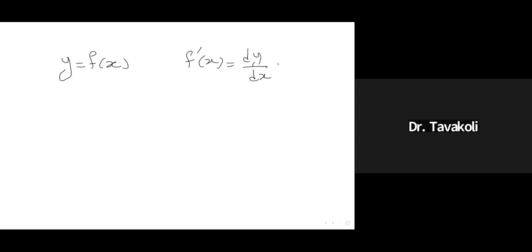We know that we differentiate with respect to the given variable. Like if it is f of x, it's with respect to x. If the variable is t, it is with respect to t.